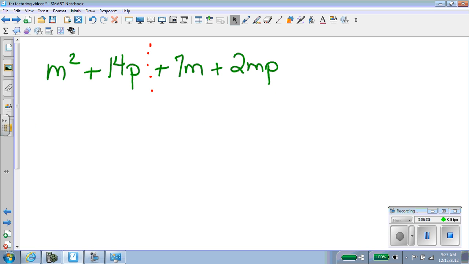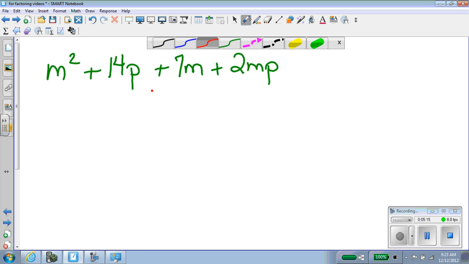Sometimes when the problems get a little more tricky, what we end up doing is rearranging the terms. And it's not often, but sometimes we have to rearrange the terms. If I put m squared and 7m together, I would end up with factoring out an m plus 7.